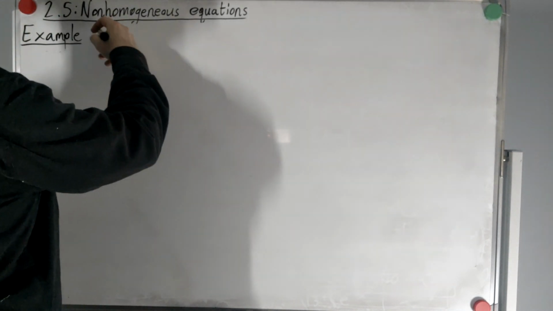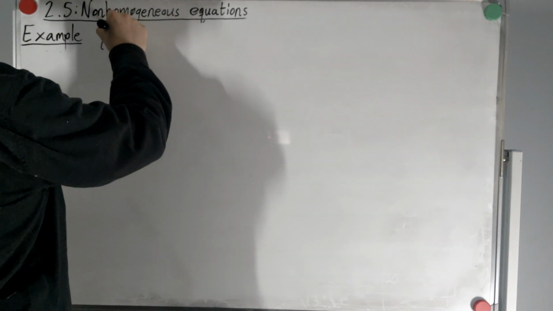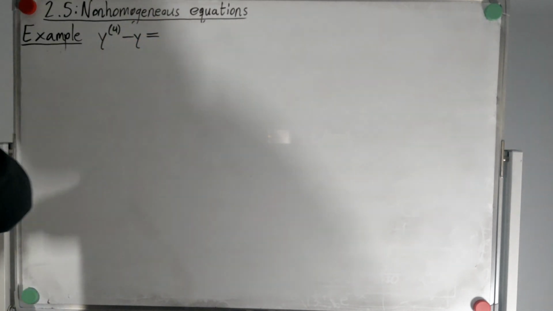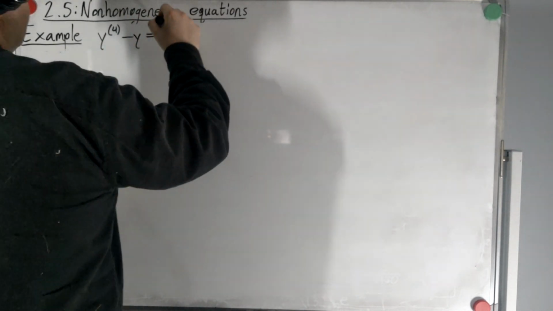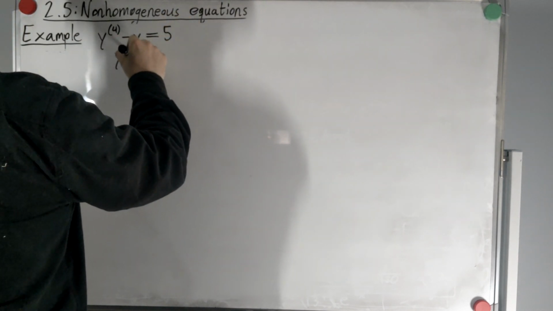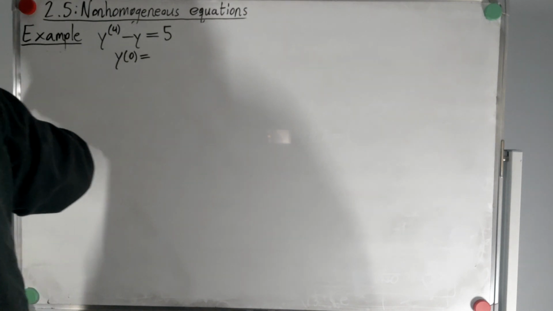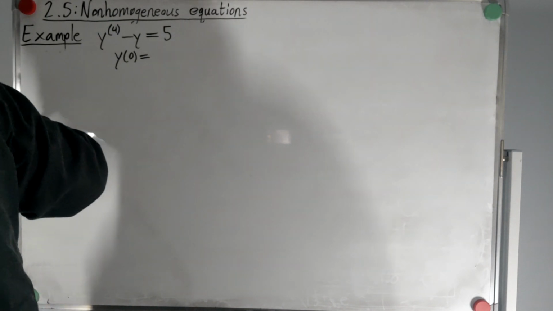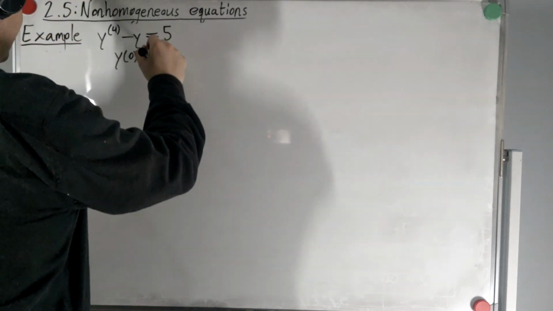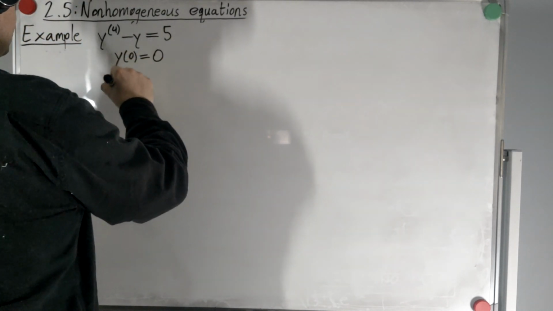It's a fourth order ODE. This just equals 5. Y of 0 and y prime of 0 and y prime prime of 0 and y prime prime prime of 0 are all going to be 0.